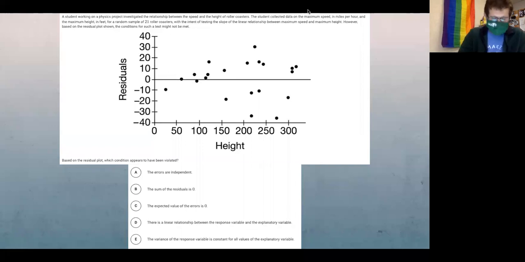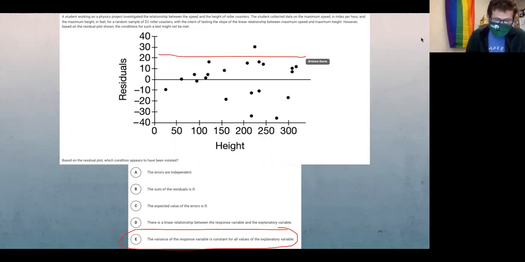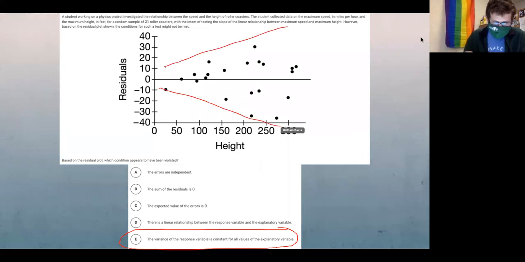The answer that I came up with for this was E. All right, and the reason I picked E, and the reason this one is correct, is because what we're looking for in our residual plot is, now it's not phrased the same way that we might expect it, but we want constant variance. We can see there's a lot more variance on the right side of this as we get higher in height than there is on the left side. So this instead takes on a shape that looks more like this.